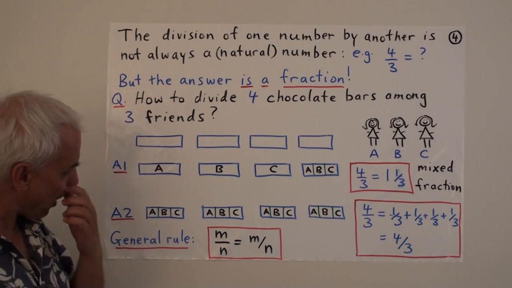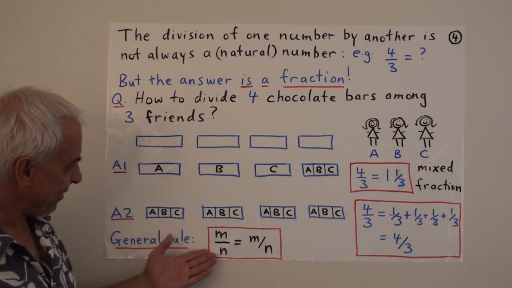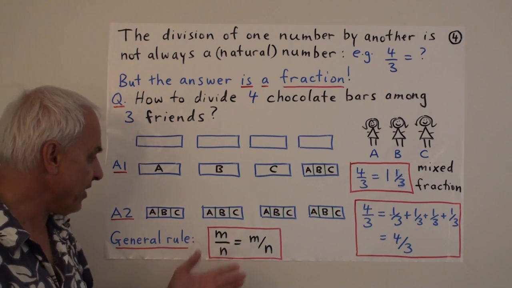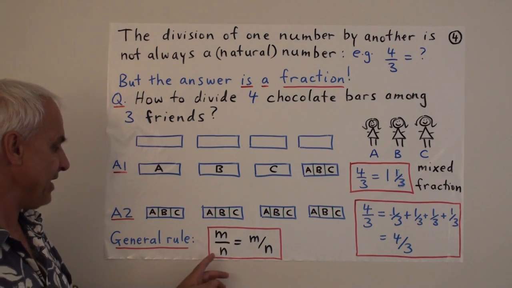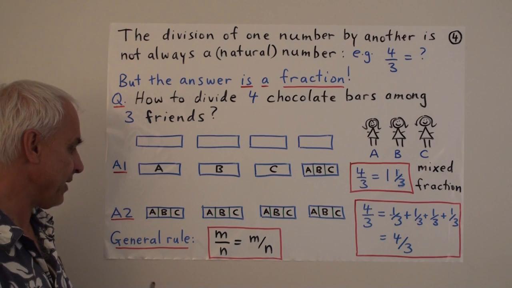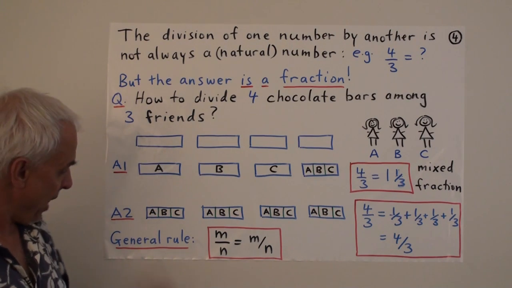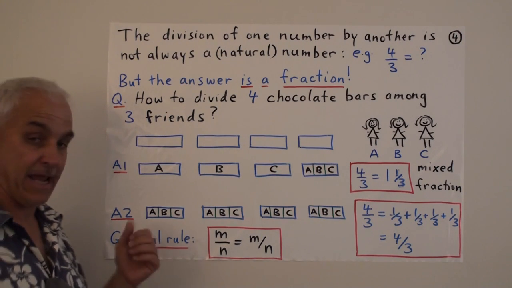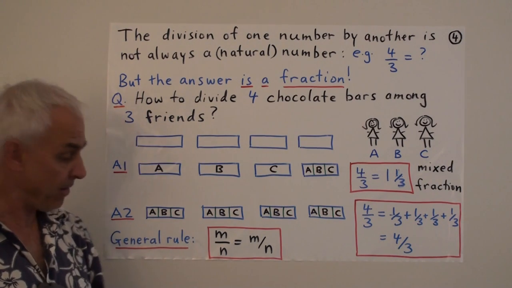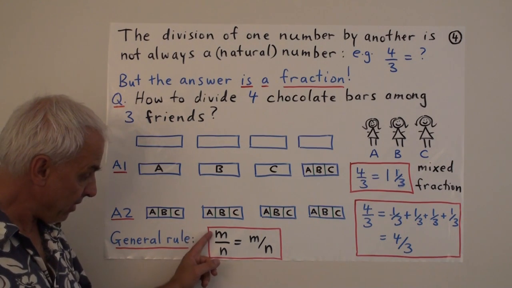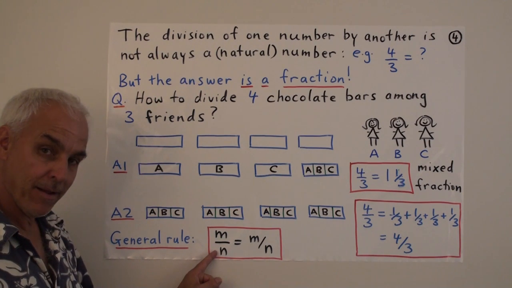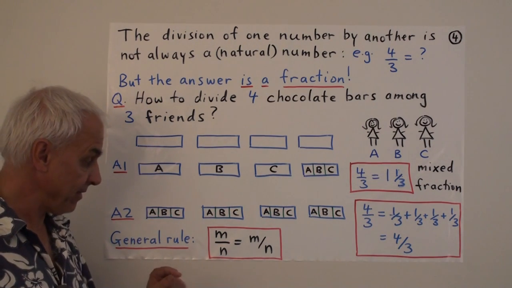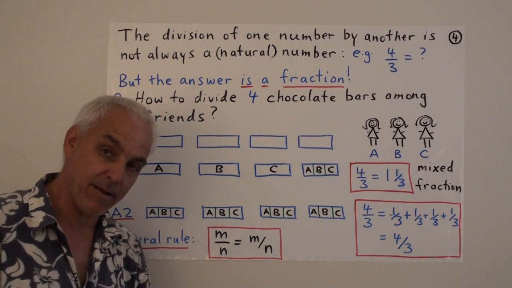And so we've arrived at this seemingly kind of obvious fact, but it is not entirely obvious. It's worth pointing out that if we have not just 4 and 3, but if we have 2 natural numbers, say m and n, if we divide m by n, then we're going to get the fraction m over n.